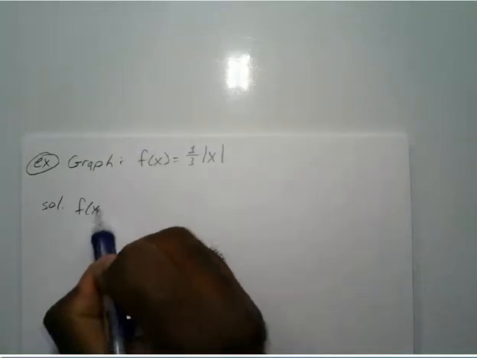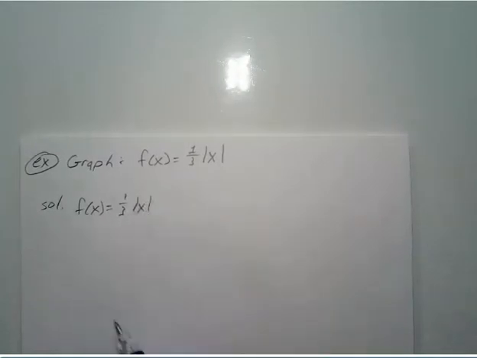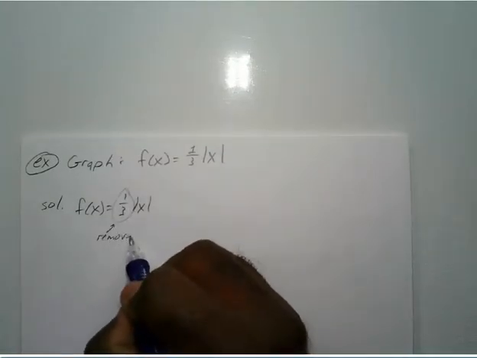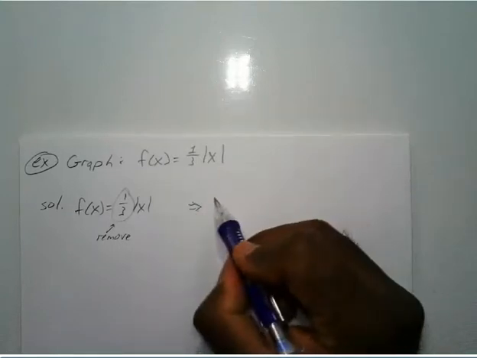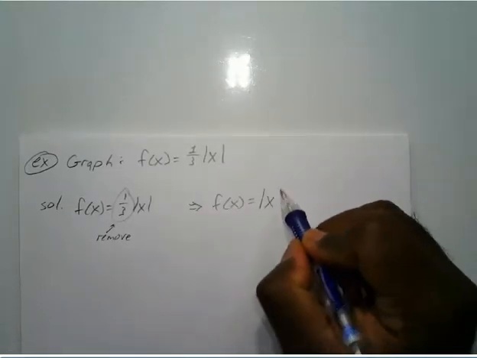So we have f of x equals 1/3 times absolute value of x. We're going to get rid of the constant, which leaves a parent function of f of x equals absolute value of x.